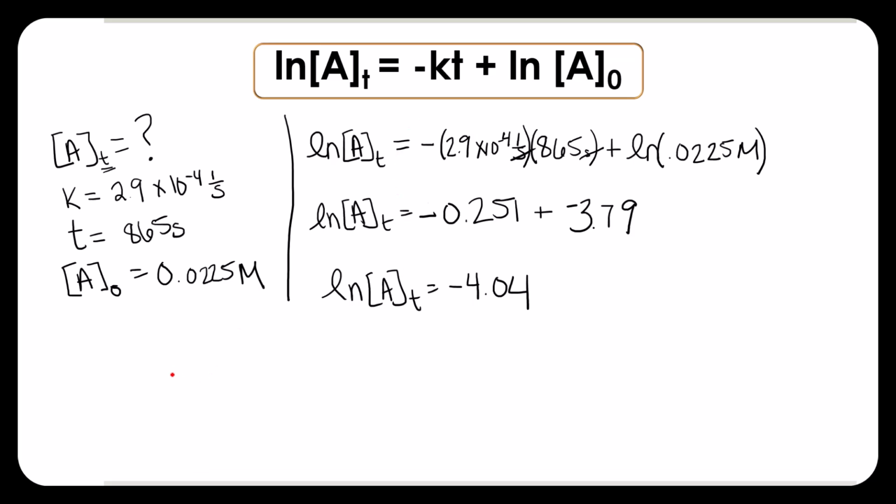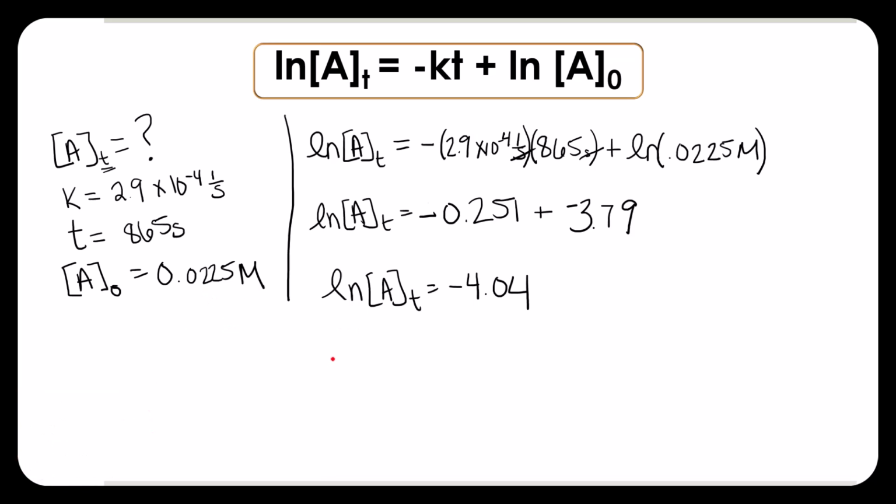It is Euler's number, a lowercase e. e to the x and natural log of x are inverses of one another. So if I want to get rid of natural log, I'm going to, quote unquote, take e of both sides.